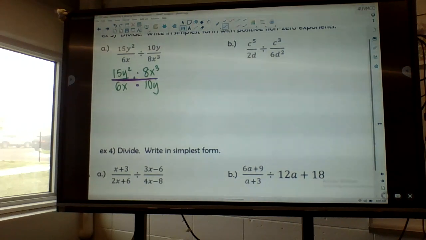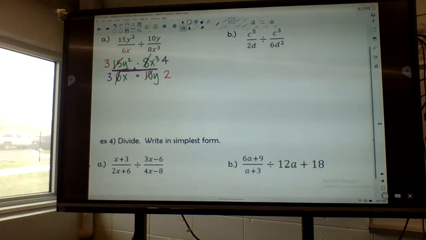So for instance, like the 6 over 8 or 8 over 6, I can divide those each by 2. 15 and 10, I can divide them both by 5. Now I might just multiply to see where we're at right now. So I did some canceling, and some of you guys might say, oh, I can cancel more, but I'm thinking it's getting kind of jumbled. So I'm going to rewrite what I have.